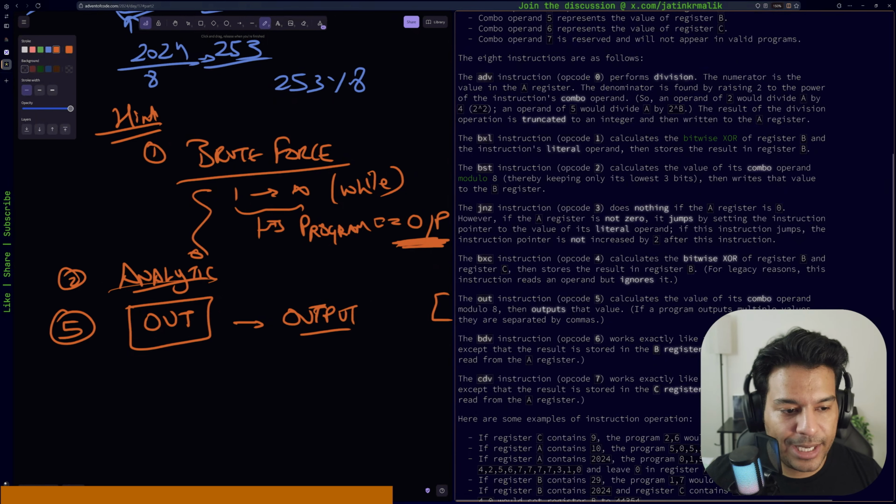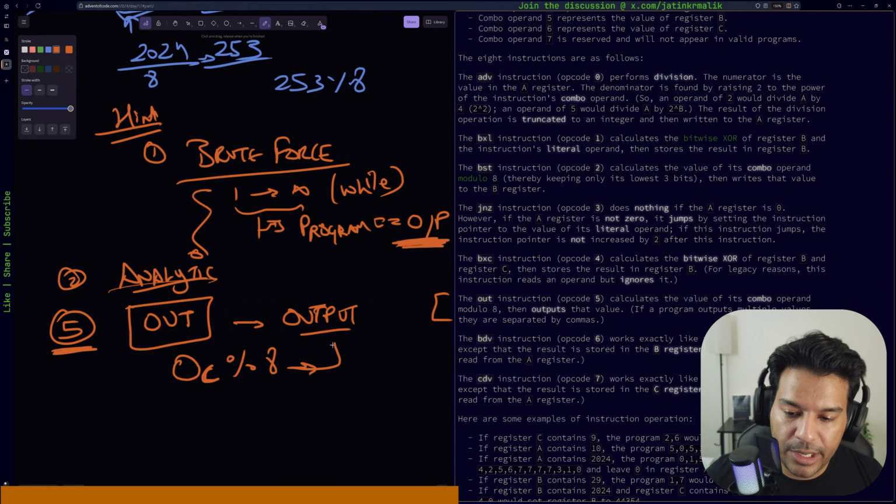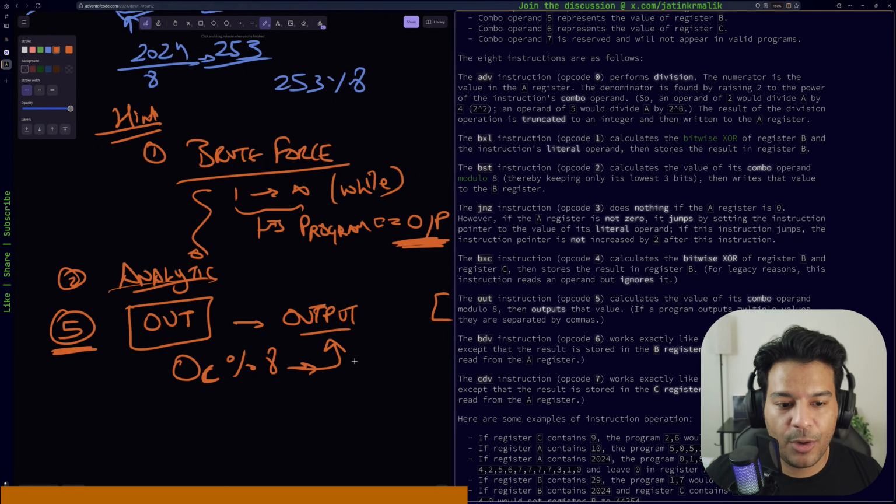If you read that, what it is doing is calculating the value of its combo operand modulus 8. So it takes the combo operand, does a mod 8, and whatever value it gets, it just pushes to the output.